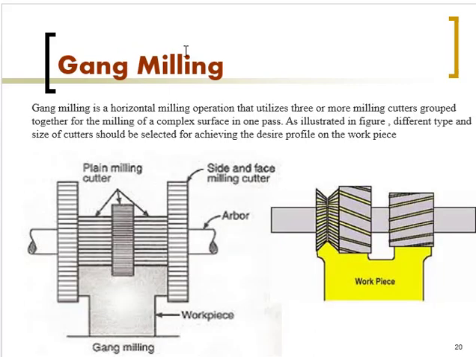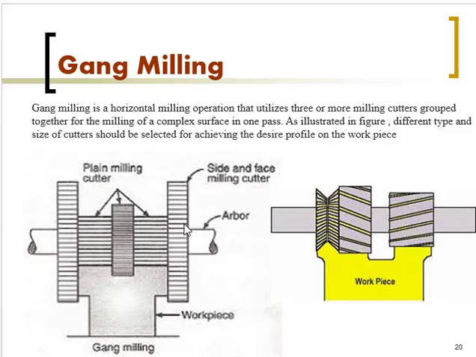It is gang milling. Gang milling is similar to straddle milling. Here we make use of a larger number of milling cutters together, and the workpiece is subjected to more operations at the same time. Gang milling is a horizontal milling operation that utilizes three or more milling cutters grouped together for milling a complex surface in one pass, that is, at a time.